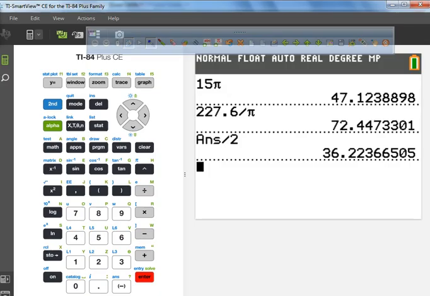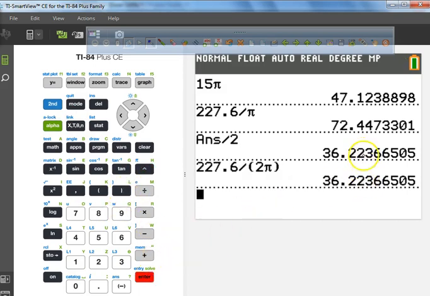Watch this, all right? If you take 227.6 and you divide that, and I open up a parentheses and put 2 pi, you'll notice you get the exact same answer as we just did, right? But look what happens if you don't use the parentheses. Hopefully a lesson will be learned.